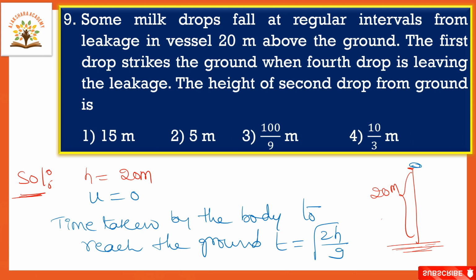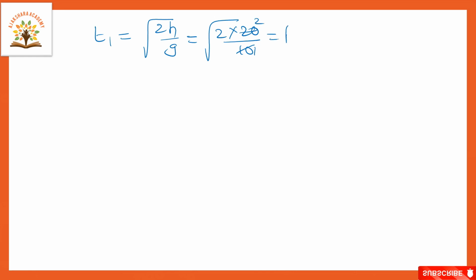Since h is equal to half g t square, from this equation t is equal to root of 2h by g. So substituting h value in this, we get T1 is equal to root of 2h by g, that is equal to 2 into 20 by g value 10, 10 ones are 10, 10 twos are 20. So we are getting root 4, that is equal to 2 seconds. So T1 is equal to 2 seconds.